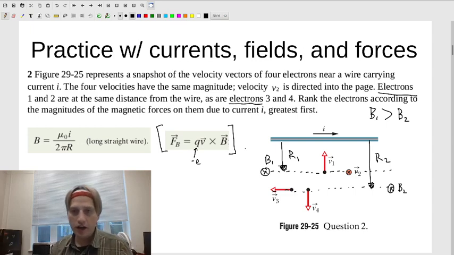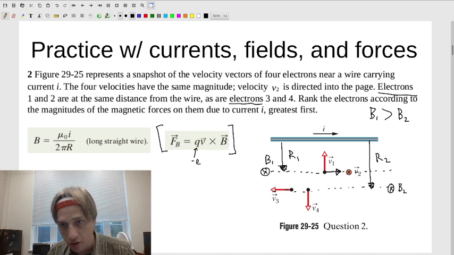Okay, so let's try our v1. v1 cross B, my thumb would be pointing to the left, but since it's an electron, I would have to reverse the direction and my force would be to the right. So there's my F1.